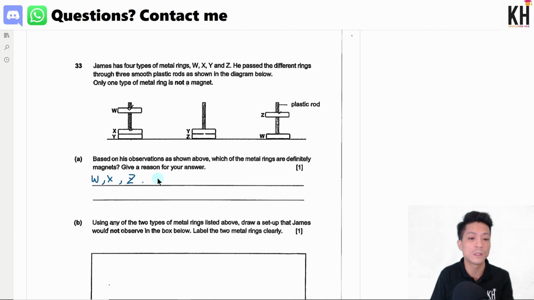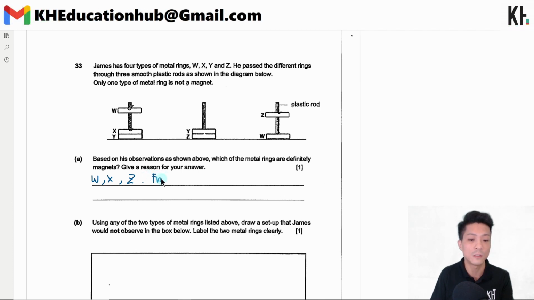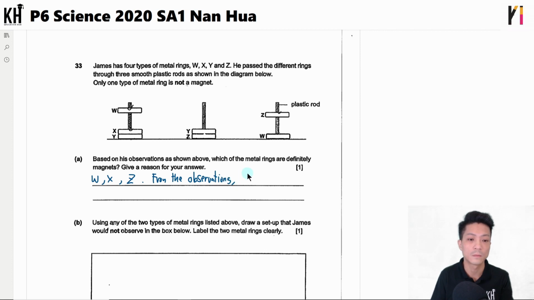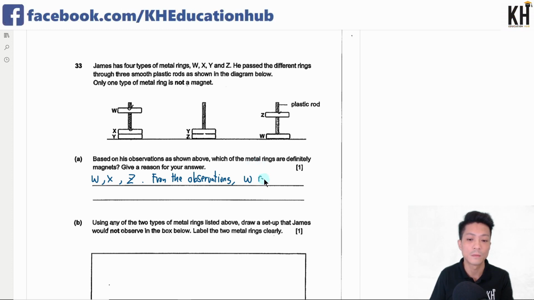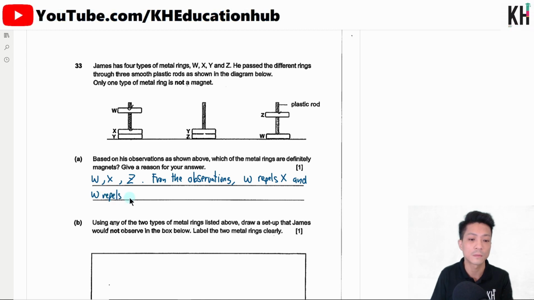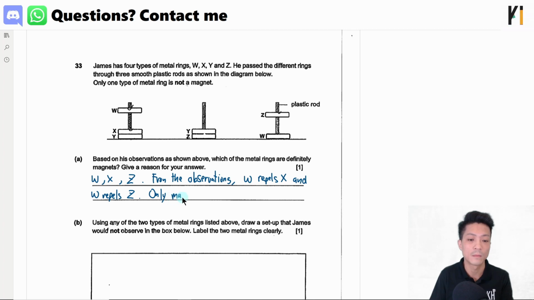The reason is from the observation: W repels X and W repels Z. So only magnets repel each other.